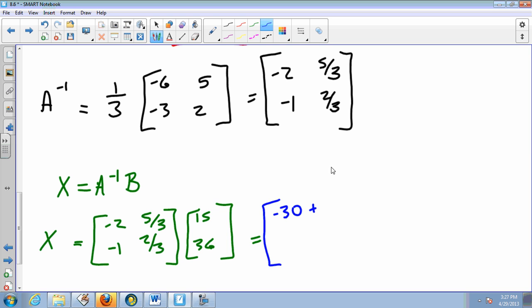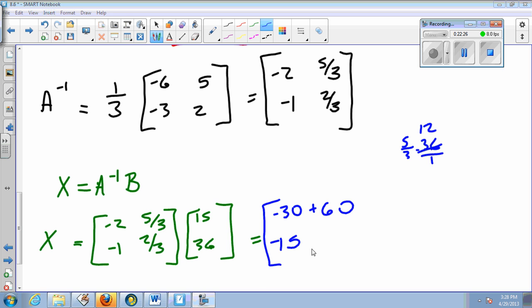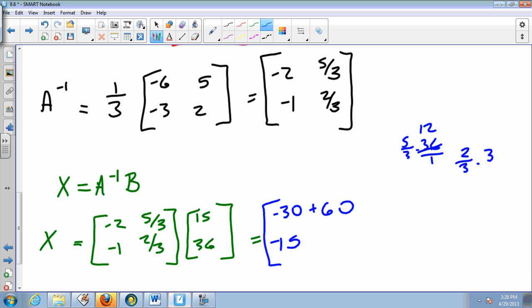That goes to 12, so it's plus 60. And then -1/3 times 15. And then we have 2/3 times 36. Goes to plus 24.